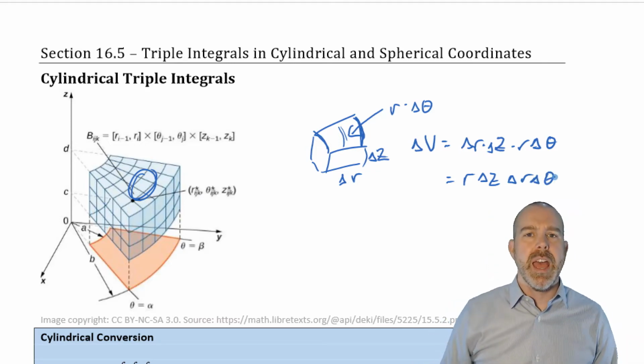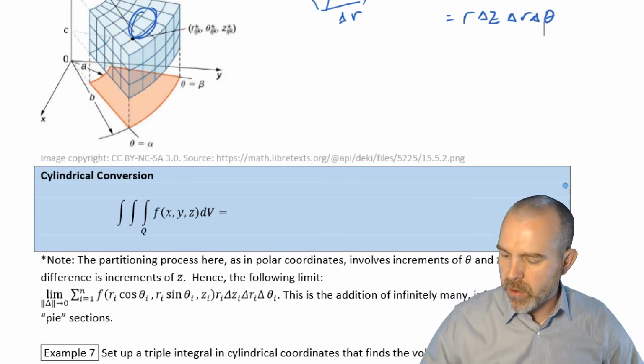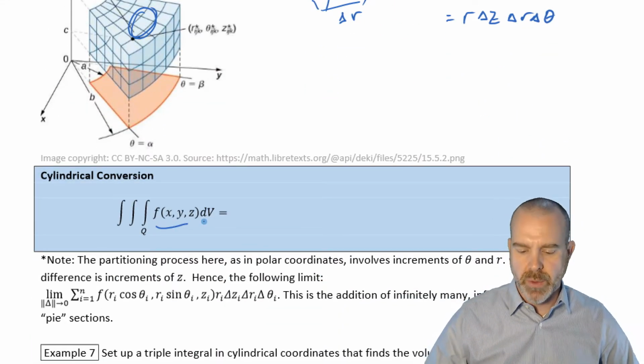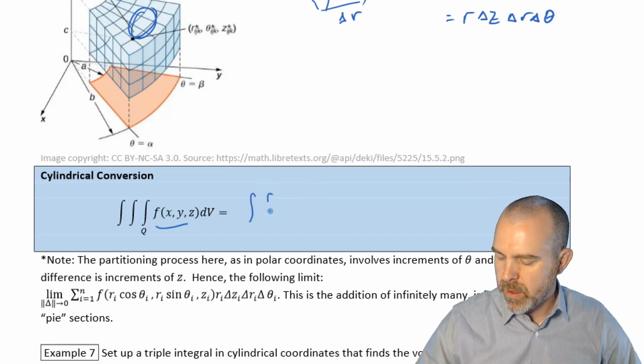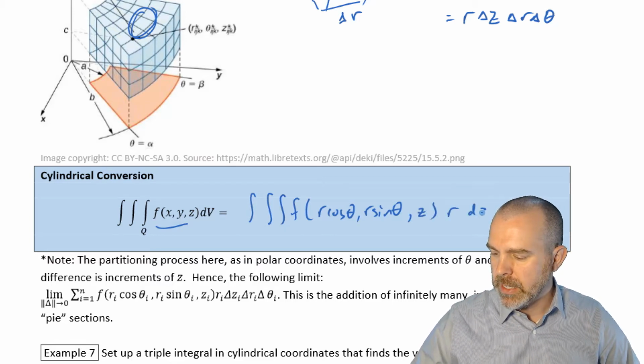And so if we put that into cylindrical coordinates, this triple integral of a function dv in terms of x, y, and z becomes the triple integral of a function of r cosine theta instead of x, and r sine theta instead of y, and then z. And then we have r dz dr d theta.